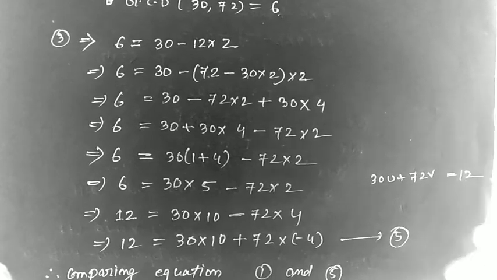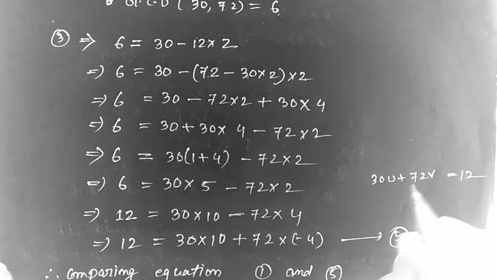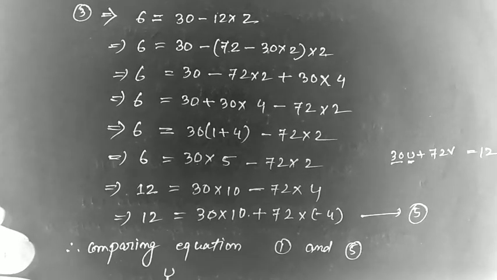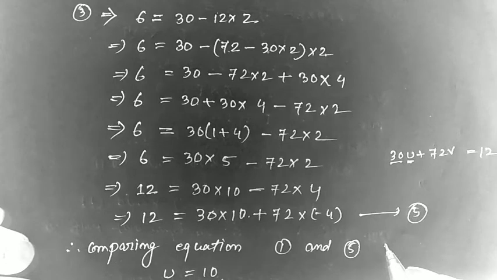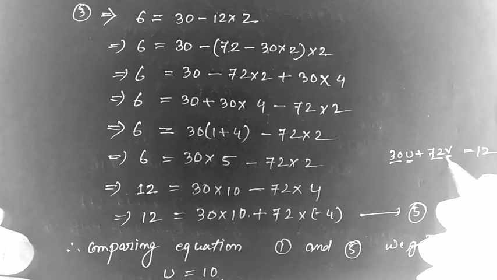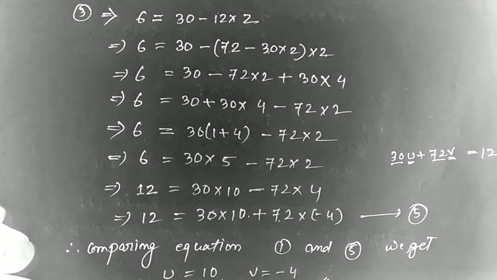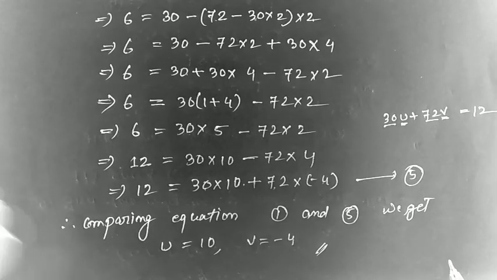Because in our given equation 12 is present, so to make 6 into 12 we need to multiply by 2. So 30 into 5 times 2 is 10, and 72 into 2 times 2 becomes 4.